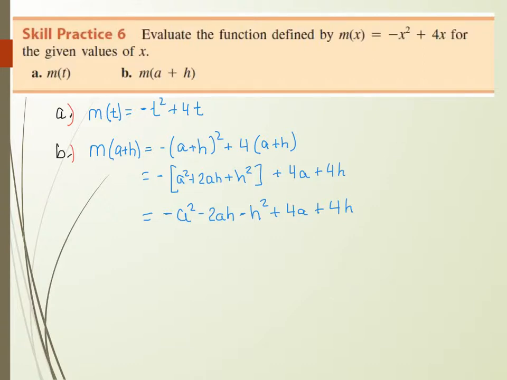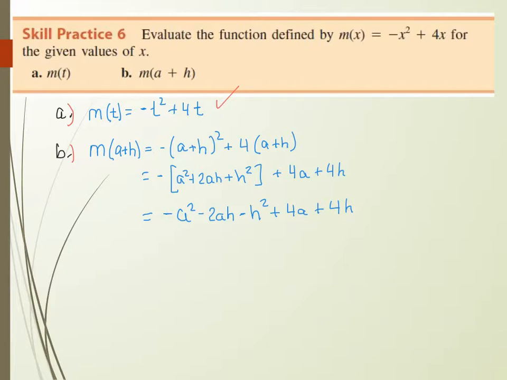In practice skill 6, we're going to put in variables into our equations. And so here for m of x is equal to x minus x squared plus 4x, for the given values of x, we put in t. And for part A, we just get m of t is equal to t minus t squared plus 4t.